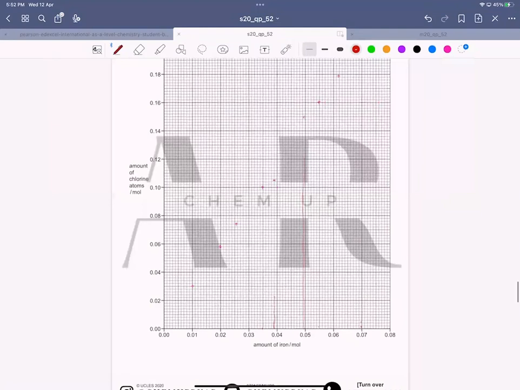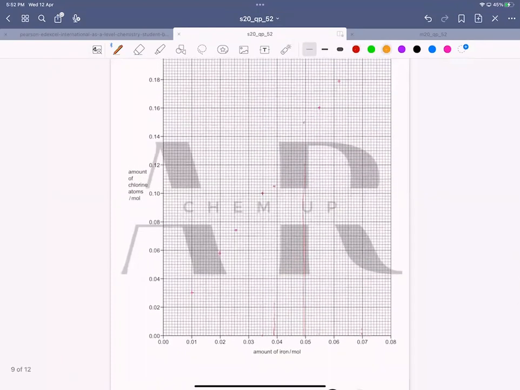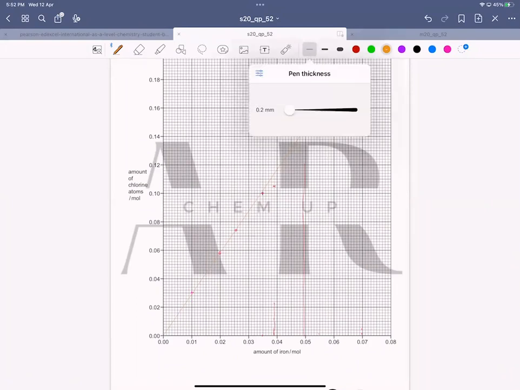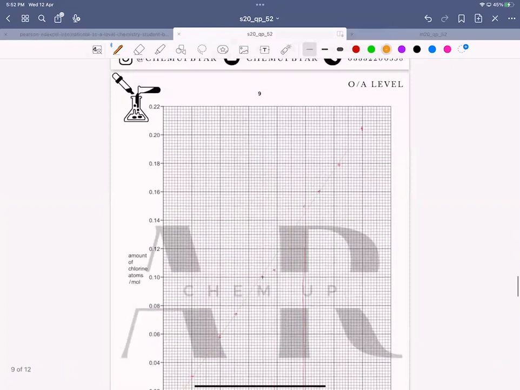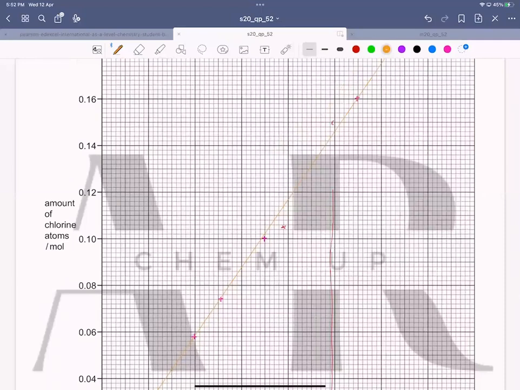Now that's fine. So if you see, this is the line of best fit. Now there are two points which are a little deviated.